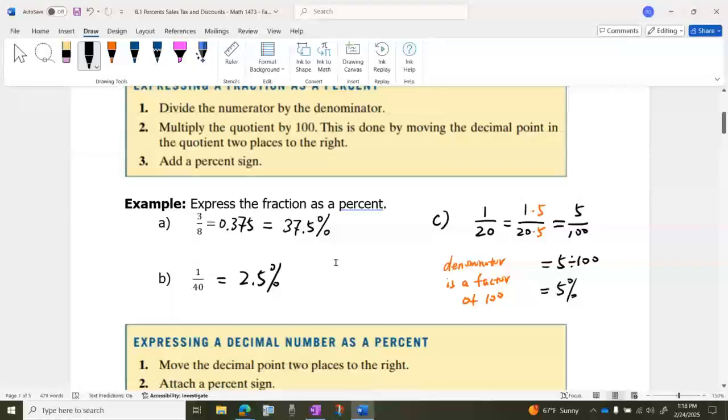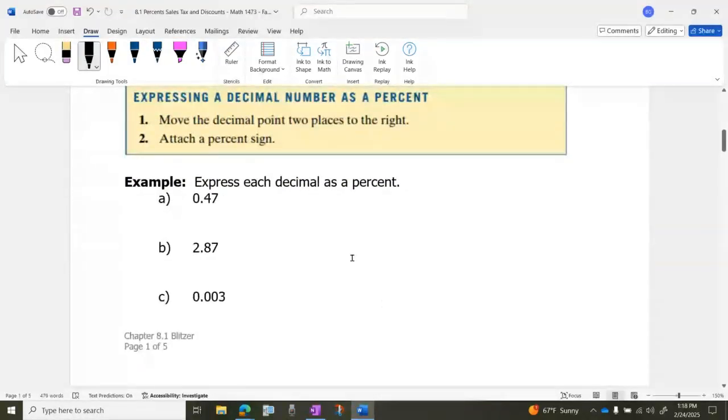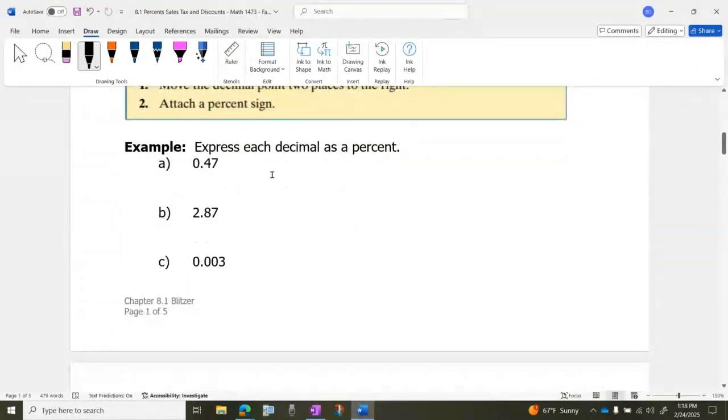Convert from a fraction to percent. What if we have a decimal? How do we go from decimal to percent? And this is easy, right? Firstly, you make the number 100 times bigger. Move the decimal point to the right twice. 0.47, make it 100 times bigger, you have 47.